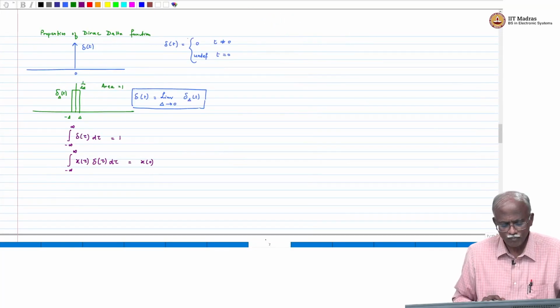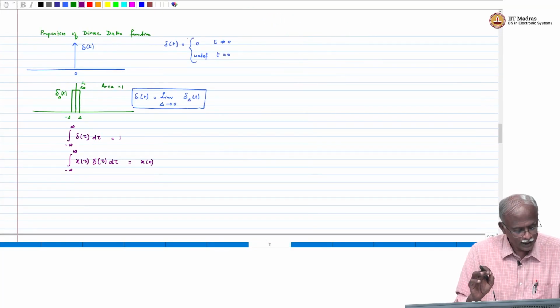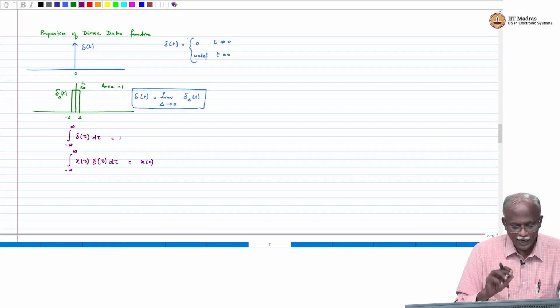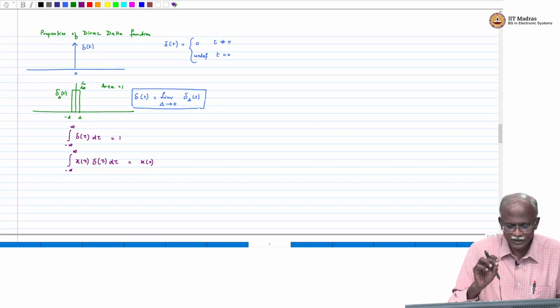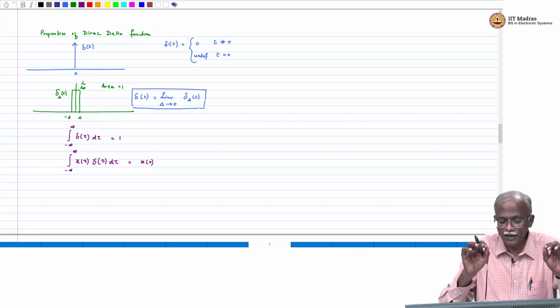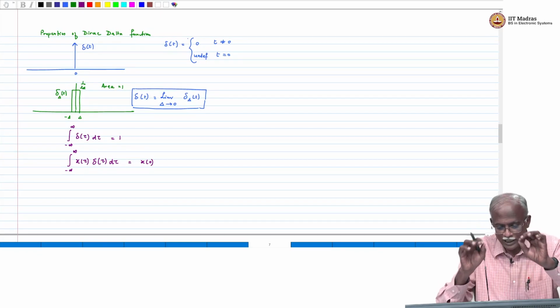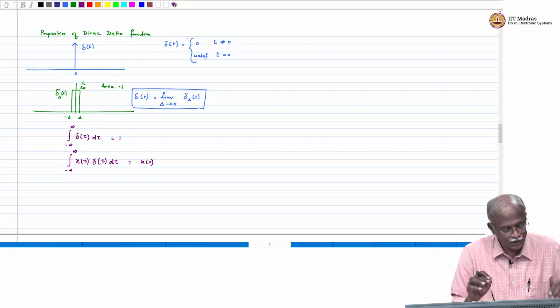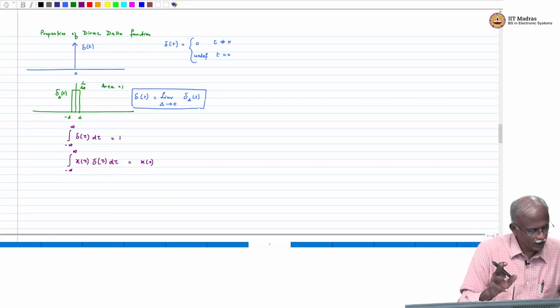We also mentioned that there are some properties of the Dirac delta which we would like to capture. The Dirac delta is a function which is undefined everywhere except at t equal to 0, is equal to 0 everywhere else, and at t equal to 0 its height goes to infinity.